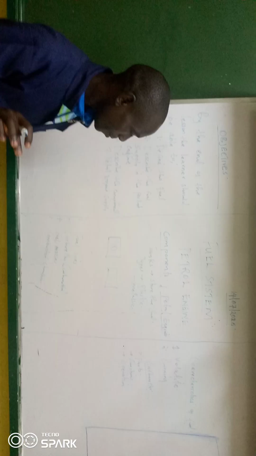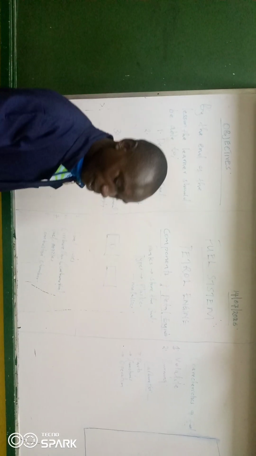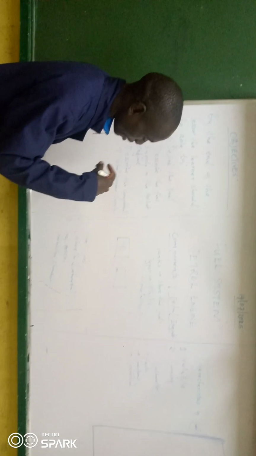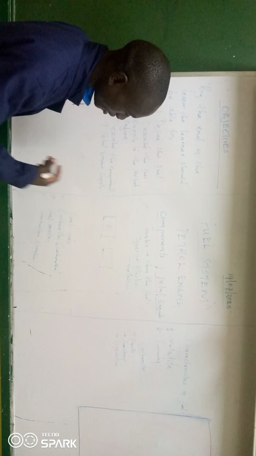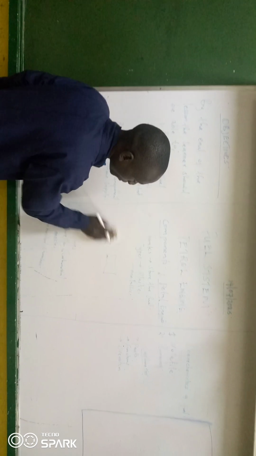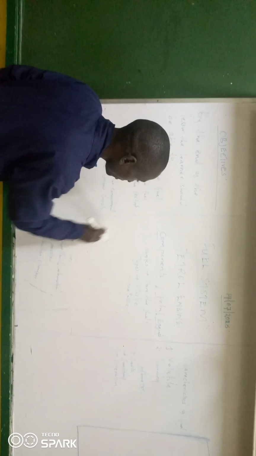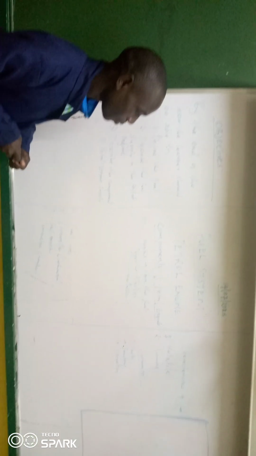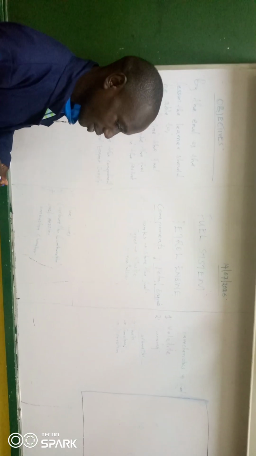So be keen on that, and on back of your mind you should ask that. So we are just to go by that, and the various components that we were supposed to do, I've highlighted them when we were describing the supply of petrol engine.